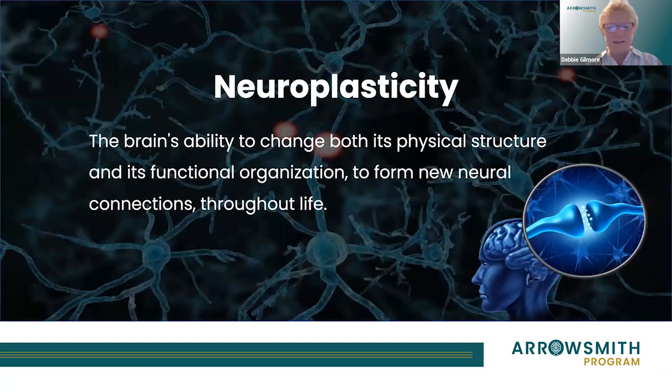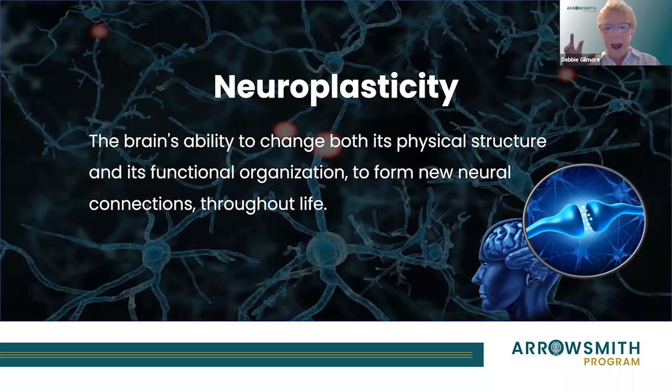So what is neuroplasticity? It's what we also call brain plasticity. It's actually the brain's ability to change its physical structure and its functional organization in response to training and experience. So the brain can grow new dendrites.